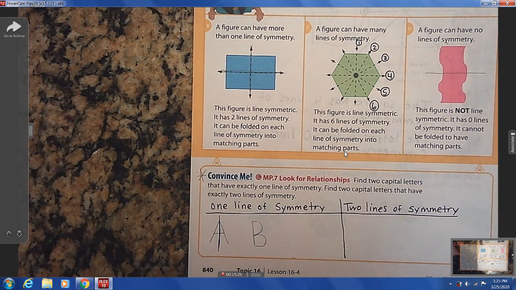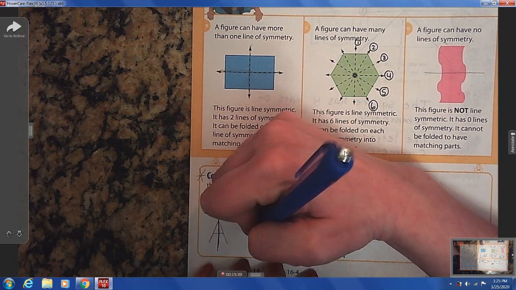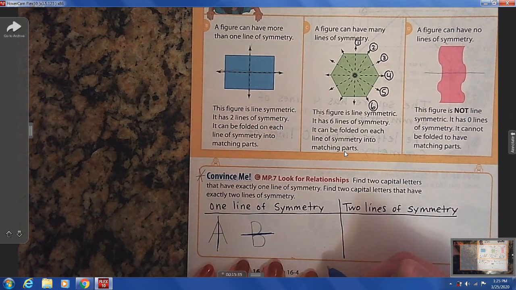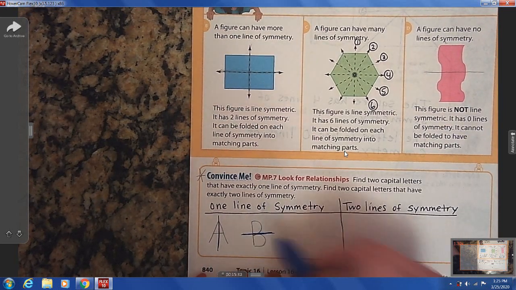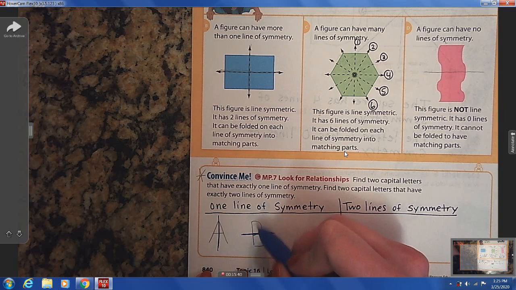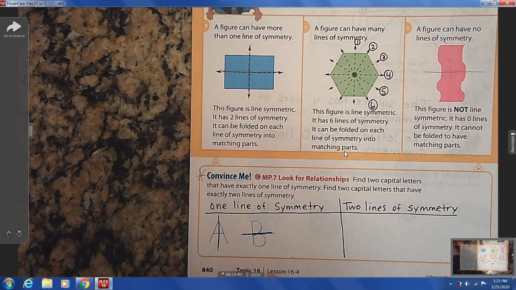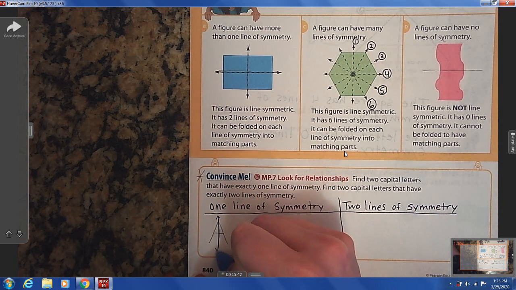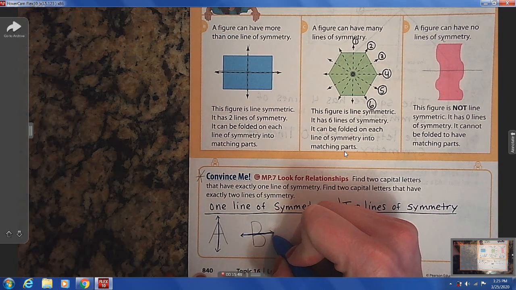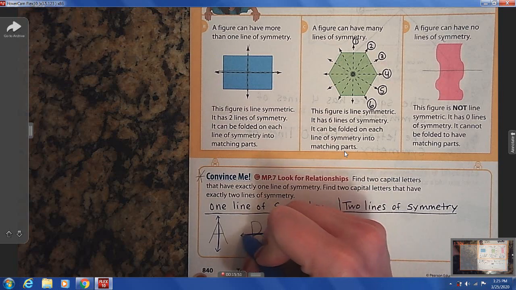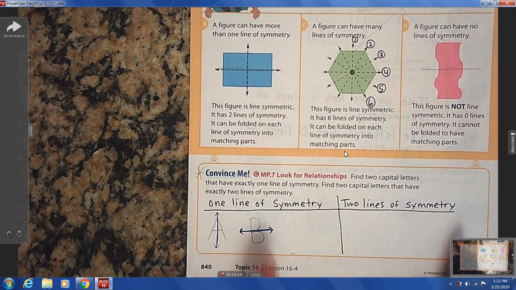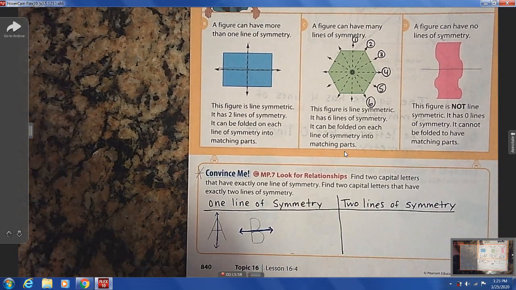But, like I said, I'm human and I'm not able to draw a perfect B. However, this here would be a line of symmetry because we would have the same on the top and the bottom. So they're showing their lines of symmetry with arrows, so I'm going to start doing that too, because they are lines. They're not line segments. A and B both have one line of symmetry.